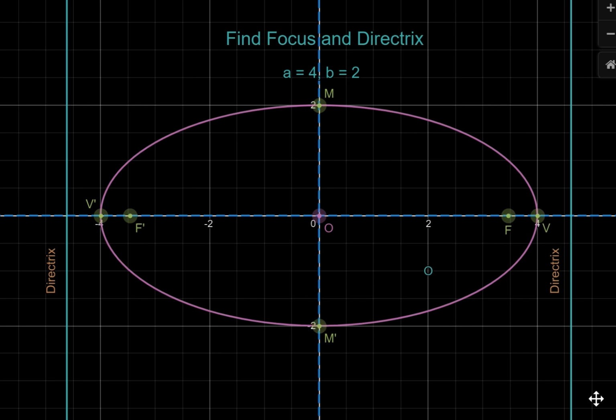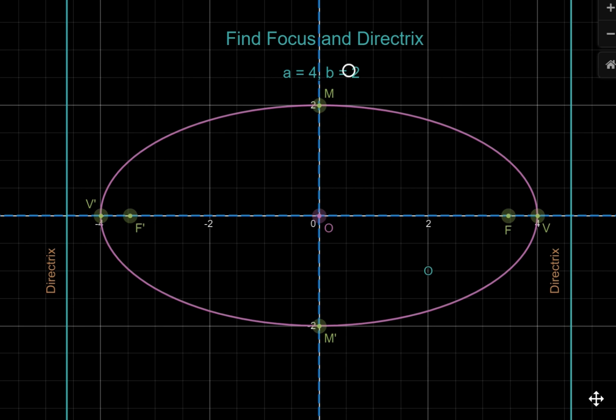Let's calculate the focus points. The distance between the origin and the focus can be found using a formula which says c is the square root of a square minus b square, correct? So square root of 16 minus 4, 16 minus 4 is 12.